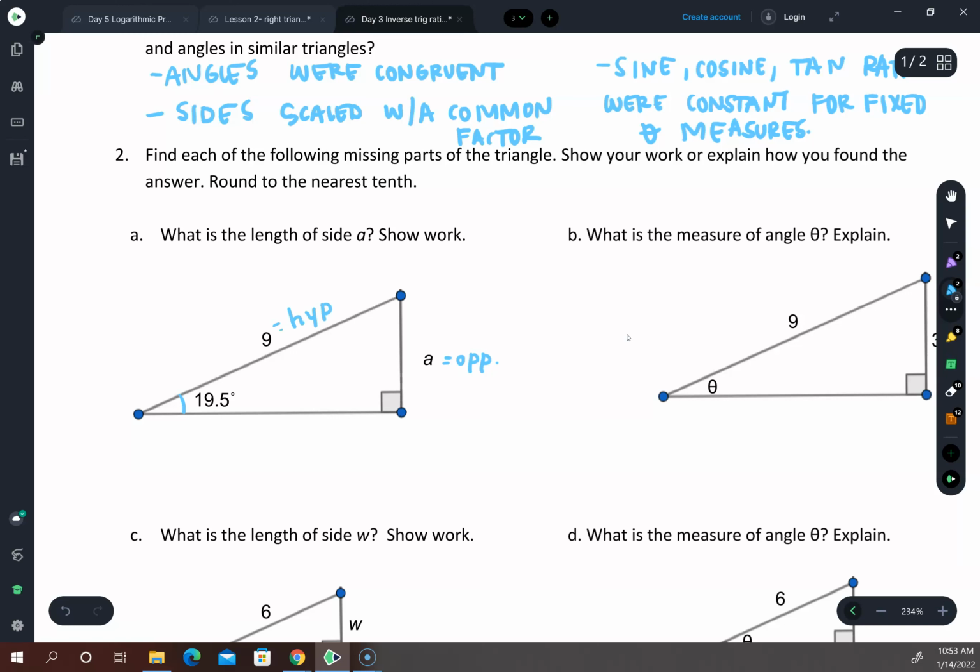So opposite and hypotenuse is sine. So sine of that angle measurement, 19.5, is going to be equal to your opposite side, which is A, over 9. So to solve for A, we'll say 9 times sine of 19.5, which is roughly what, 3?